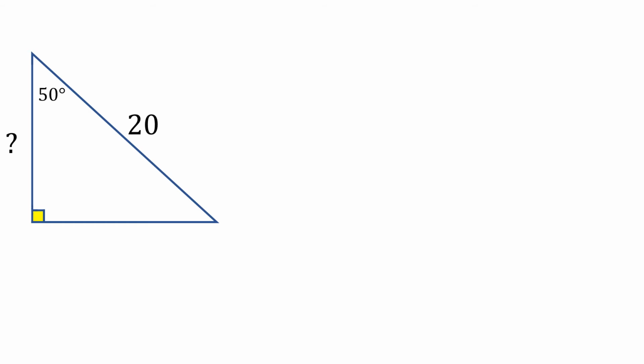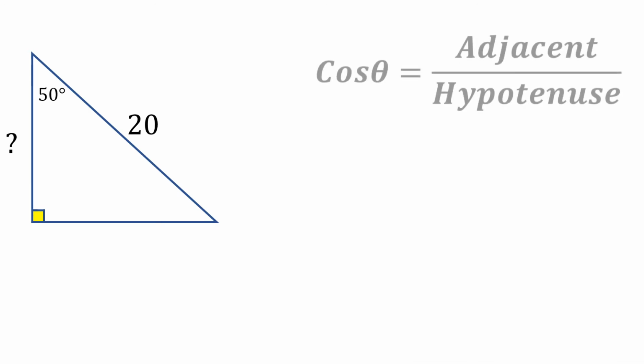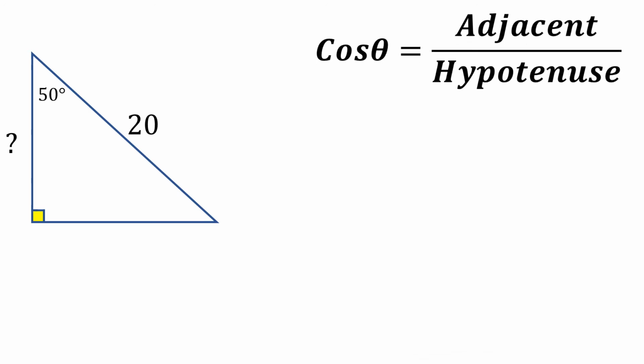That means we will use CAH, or cosine theta is equal to adjacent over hypotenuse. So let's substitute. Cosine of 50 degrees is equal to the missing, which is x, over the hypotenuse, which is 20.